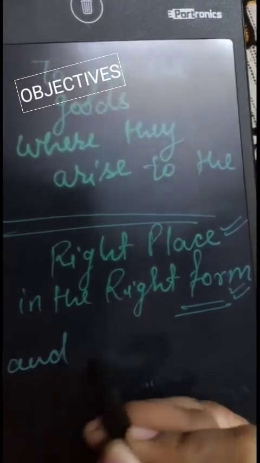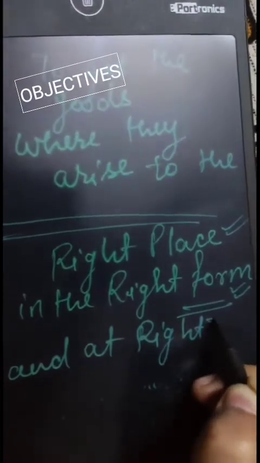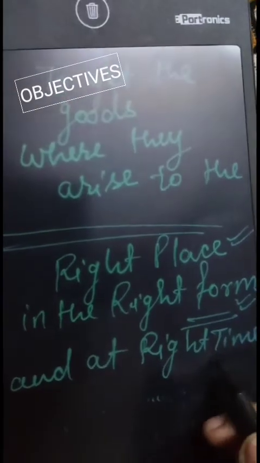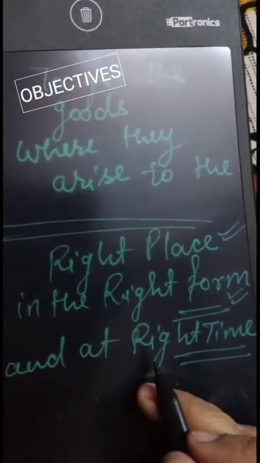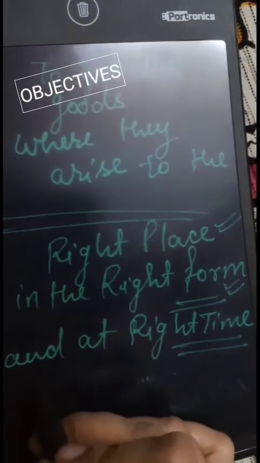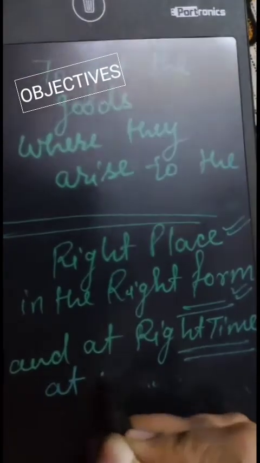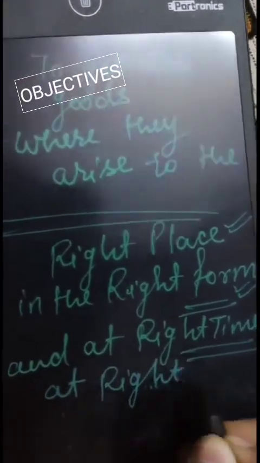And at the right time. The defined time at which he promised that he will deliver the product. And next is at the right cost. Means no extra cost should be charged.